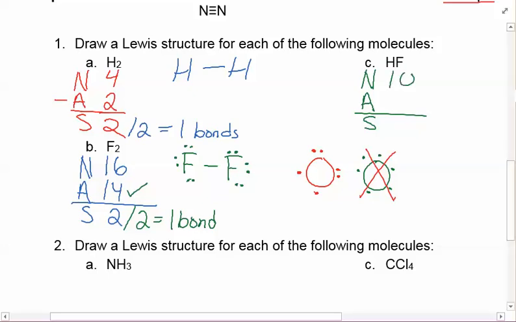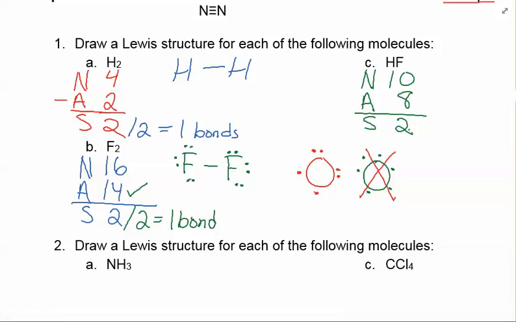So we have a total of 10 needed electrons here. We have 7 from the fluorine because it's in group 17 on the periodic table, and 1 from the hydrogen, giving us a total of 8 electrons. So we have 2 that we need to share, which will result in 1 bond.